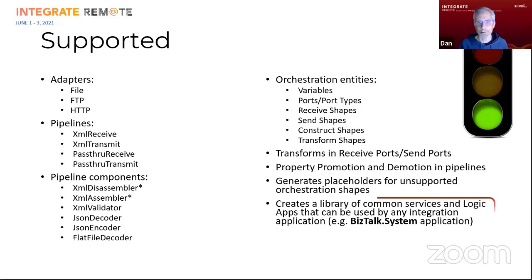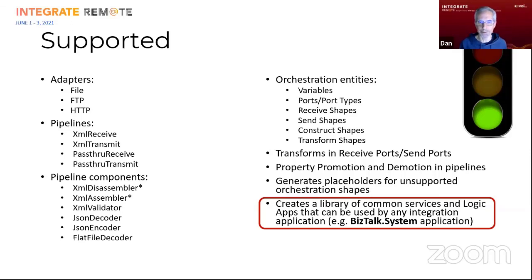Probably one of the most useful things that this does, though, is it creates for you the whole foundation for your integration platform in Azure and a whole lot of the common services. So if you think about BizTalk, whenever you install BizTalk, you always get this default BizTalk.system application.